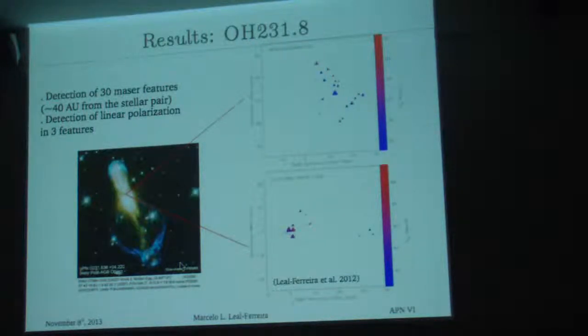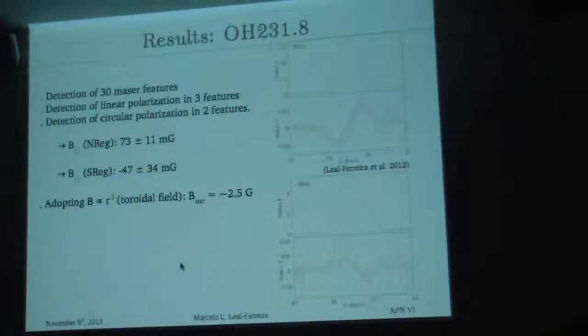We also observed circular polarization. This is the spectrum of the Stokes I, and this is the spectrum of the Stokes V, and when the Stokes V has this S shape, this is a sign of circular polarization. When we have that, we can fit a model, so the blue line is a model, and then we get the strength of the magnetic field.